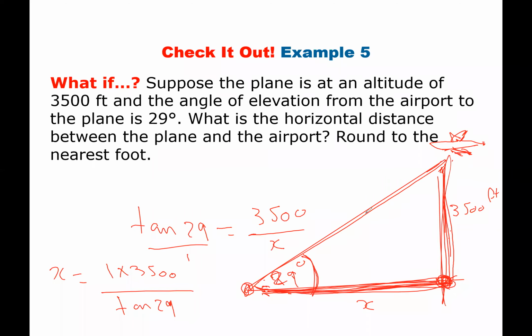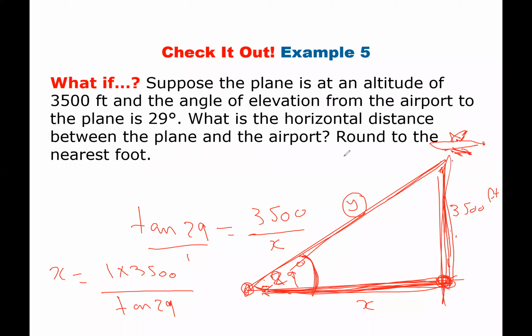But if you need this distance, which is y, and you have opposite, and you need the hypotenuse for this angle, which of the functions will you use to find y? Sine or cosine or tan? Sine, because you have opposite and you need the hypotenuse.